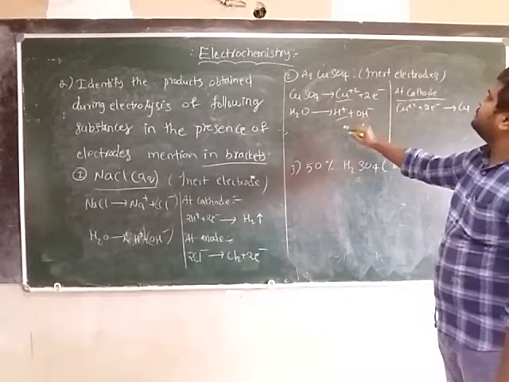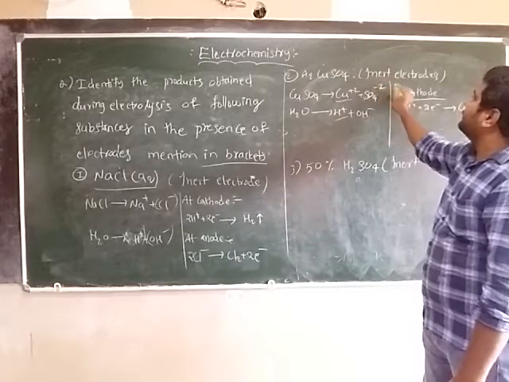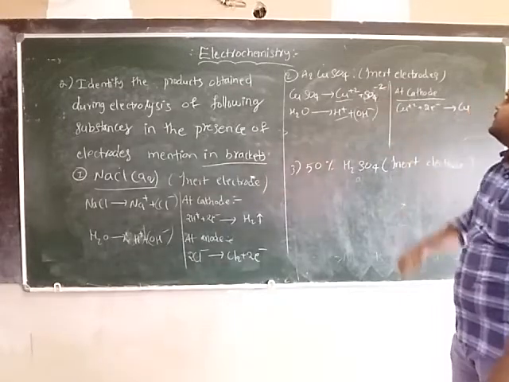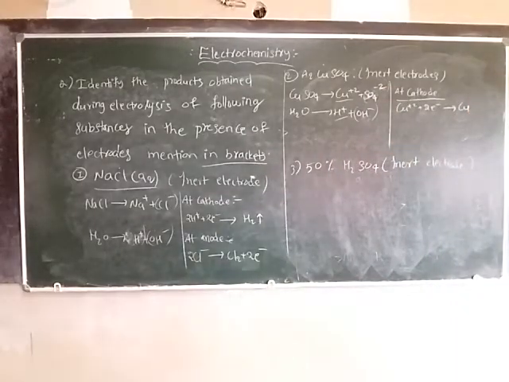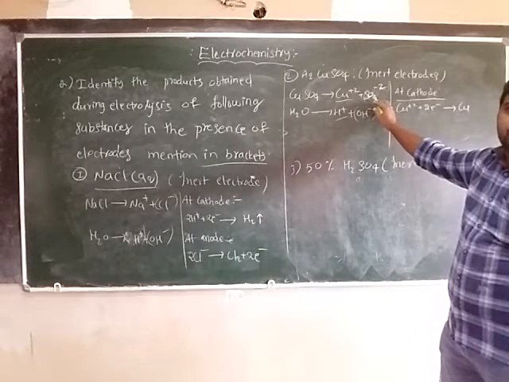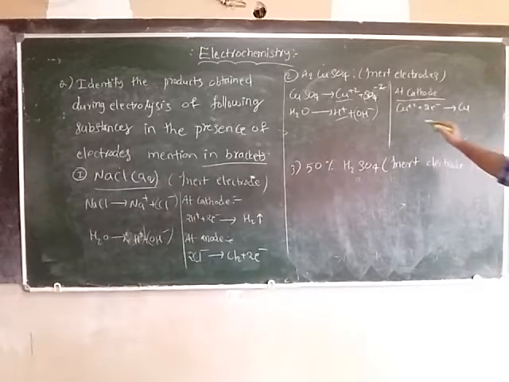Next there is SO4 2-. There is a competition between sulfate ions and hydroxide ions. When compared with the sulfate ions, hydroxide ions have the lowest discharge potential.